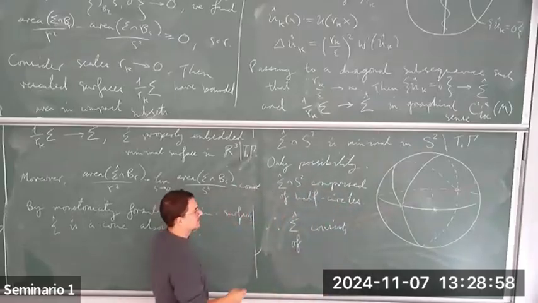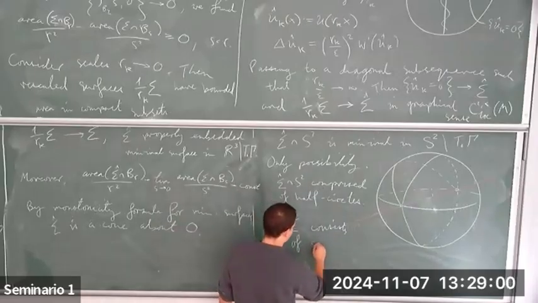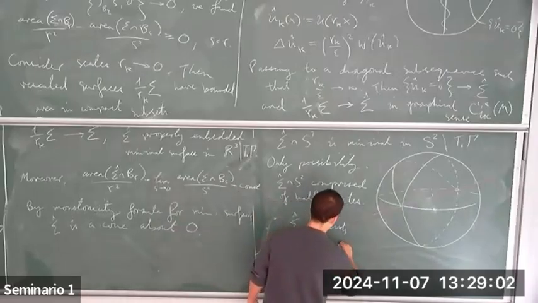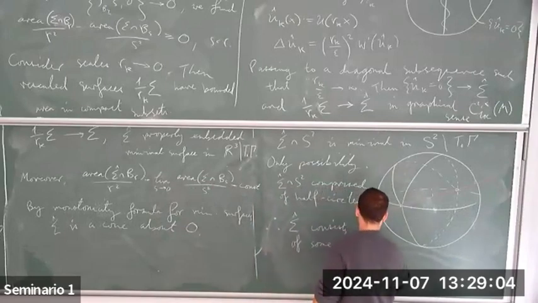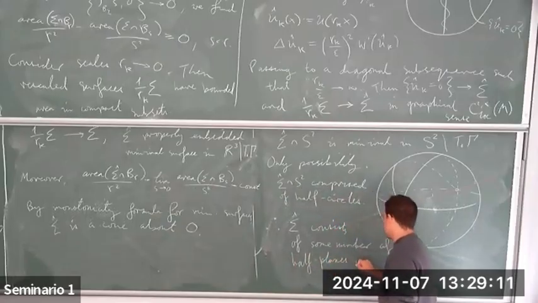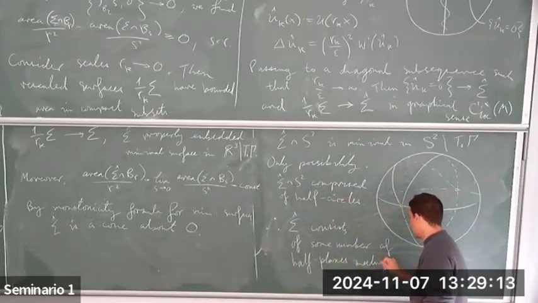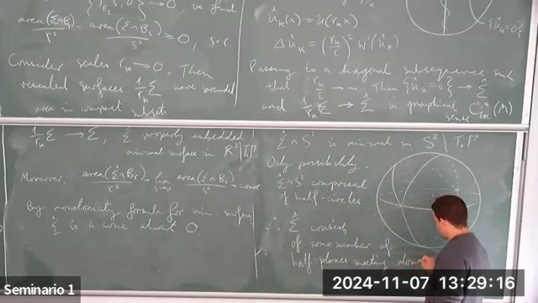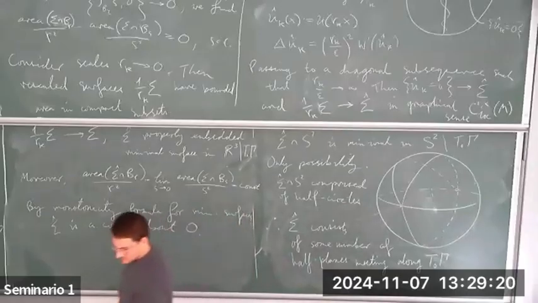Right, so sigma hat consists of some number of half planes meeting along zero. And now all that's left to do is count them. We need to show that there's only one.